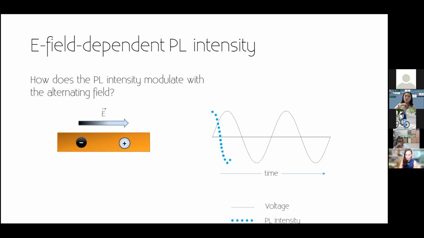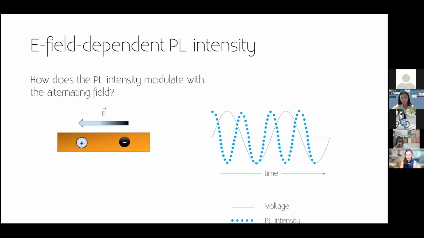So when we remove the electric field, then we see a rise in the photoluminescence intensity, because now we have more recombination. And this material is symmetric, so we'll see the same thing for the different direction. When there's a field for each direction, we have attenuation, and when we don't have a field, we have enhancement.